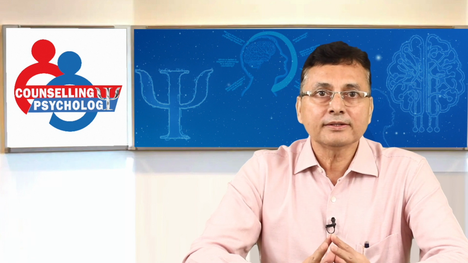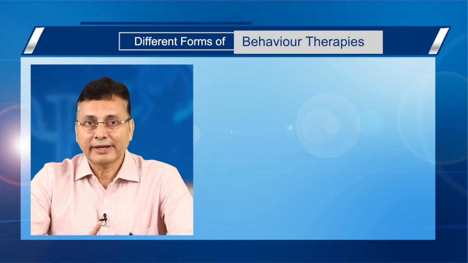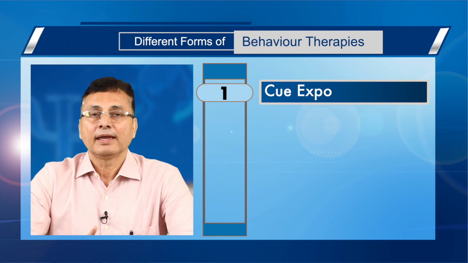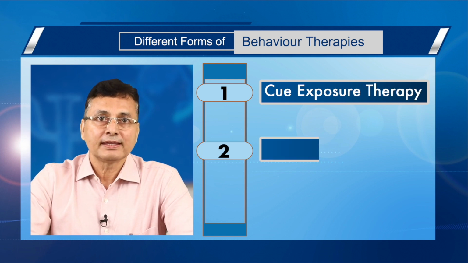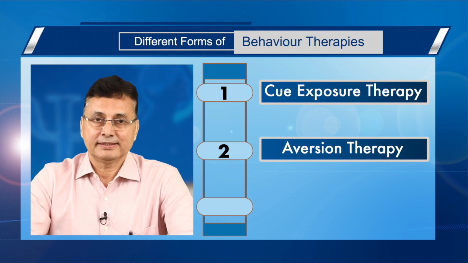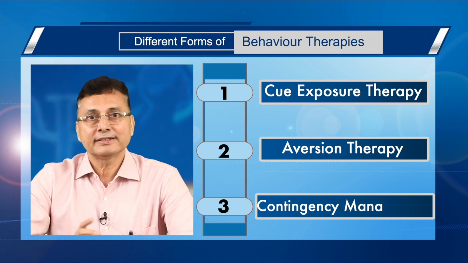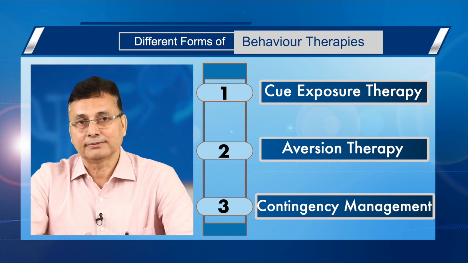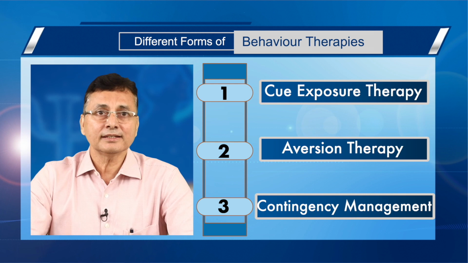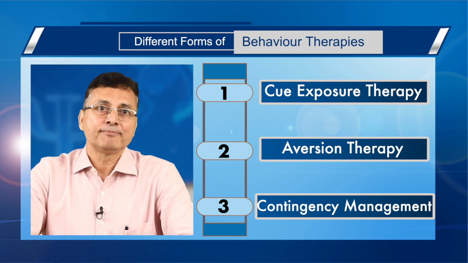Though there are many different forms of behavior therapies, here we are going to discuss mainly three of them, namely cue exposure therapy, aversion therapy and contingency management. Now, we will discuss these therapies one by one. Let us see the cue exposure therapy.